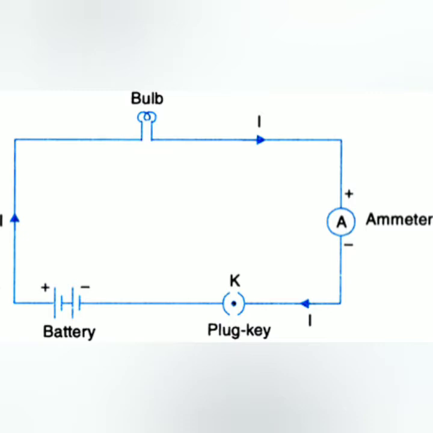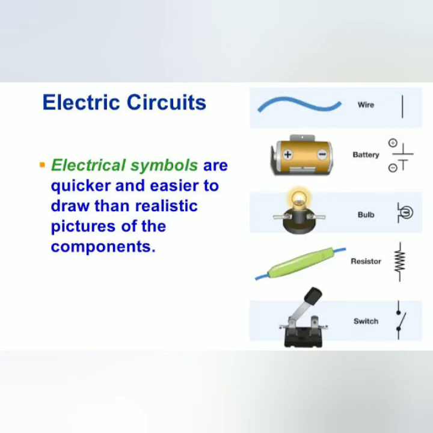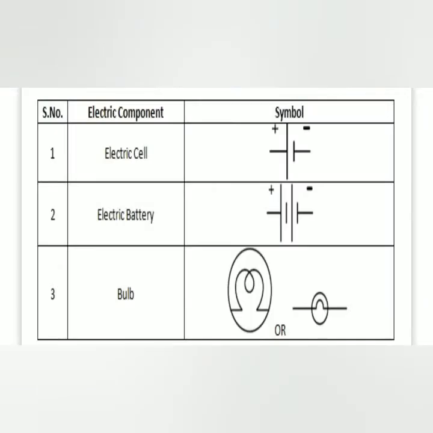Now let us look at some of the commonly used electric circuit symbols in an electric circuit. In this picture, the electric circuit symbols of electric cell, electric battery, and bulb are visible.